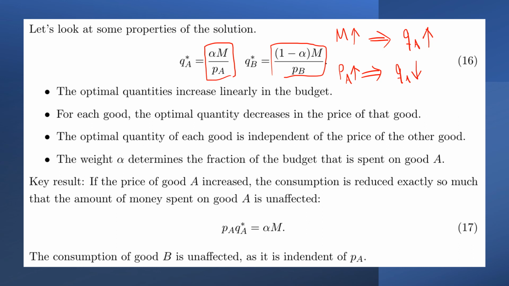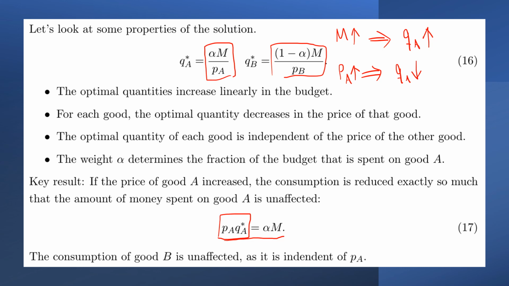Finally, the weight alpha determines the fraction of the budget that is spent on good A. One way to see this is to multiply the expression for QA star by PA to get this expression. Now, on the left-hand side here, we have the amount of money that we spend on QA, that is price times quantity.